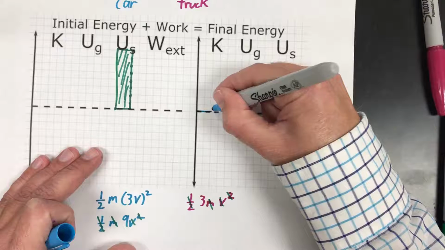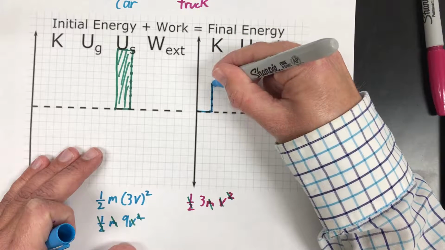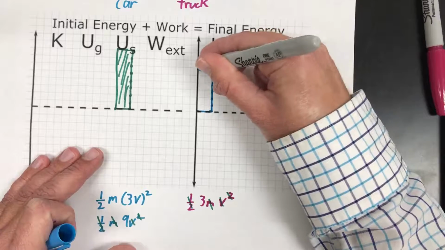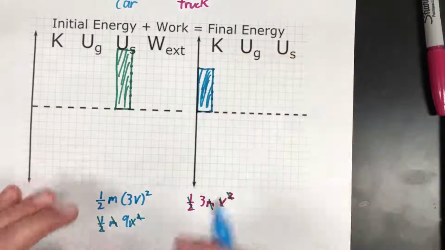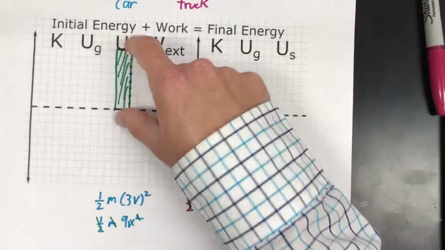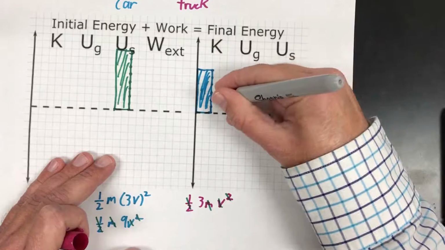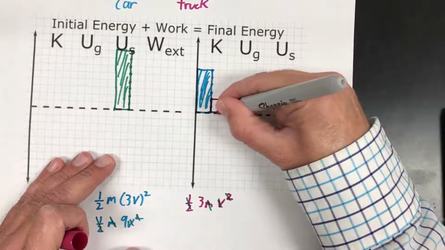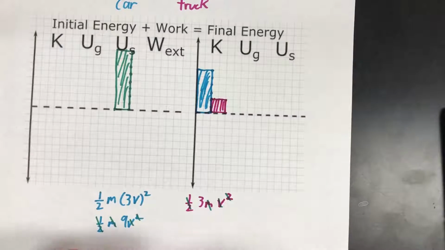The car, I'll draw 2 bars wide, just like we had over here, and I'll go 1, 2, 3, 4, 5, 6. I'll go 6 bars tall. So over here, remember I had 8 bars. So I need some more bars over here, so these 2 will represent the truck. So this accomplishes 2 things for me.